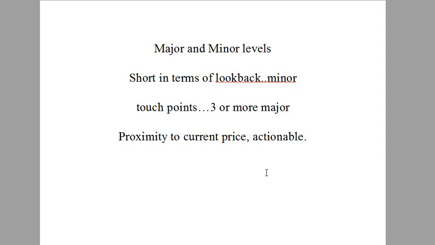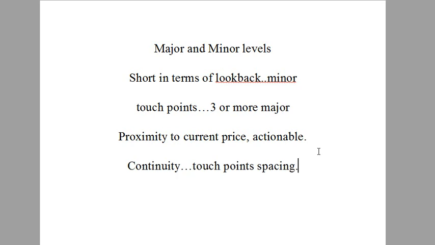Okay, so I went over all the criteria. The continuity of the touch points, that's one of those subjective readings where I'm looking at the touch points to make sure they have a kind of spacing in between them, because sometimes you'll find that some touch points are all scrunched up together.